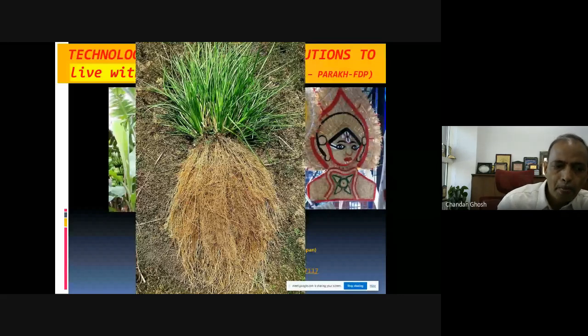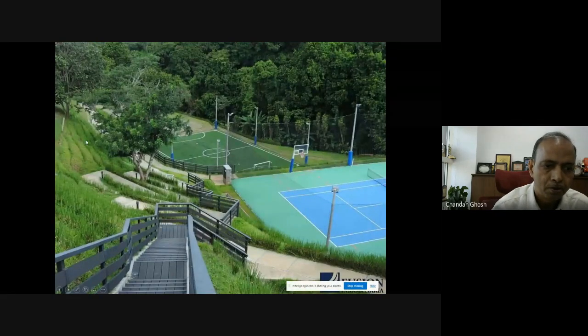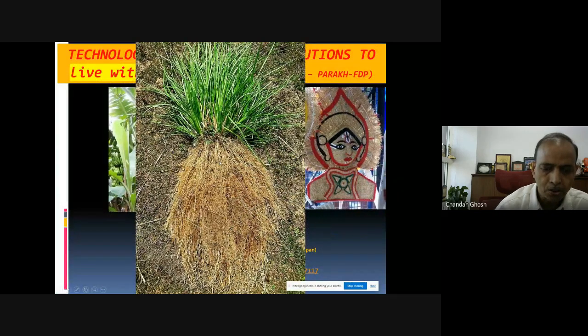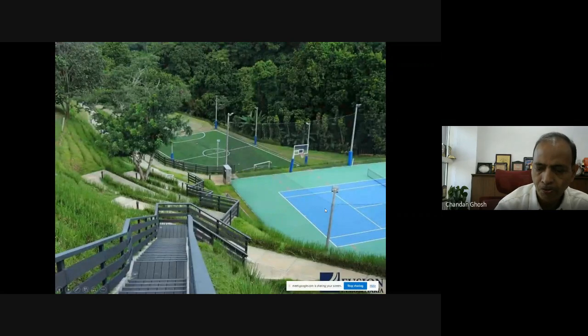Like you see, this is the same grass used over here. Same grass used over here. Whereas traditionally, by planting trees, only this portion may be saved. But traditionally, we need to spend a lot of money to stop the erosion while it is raining. But this grass which is being shown over here is nature-based, whereas we have got tennis court, basketball or volleyball and everything.